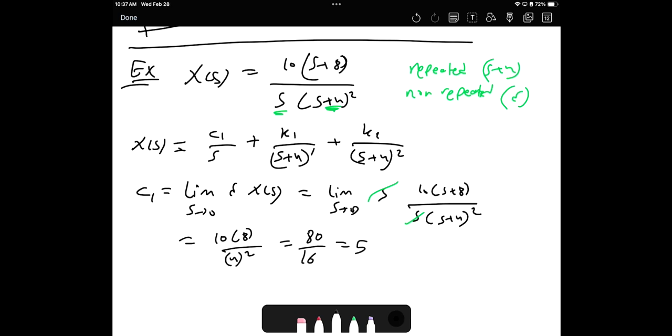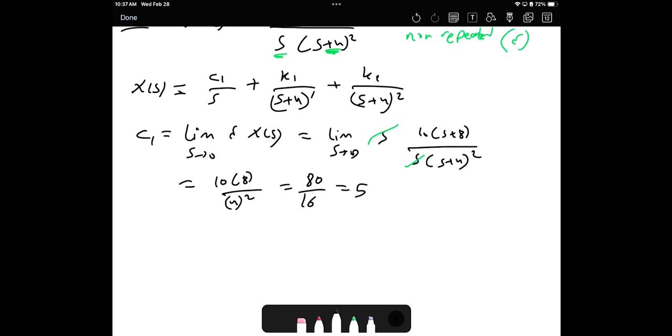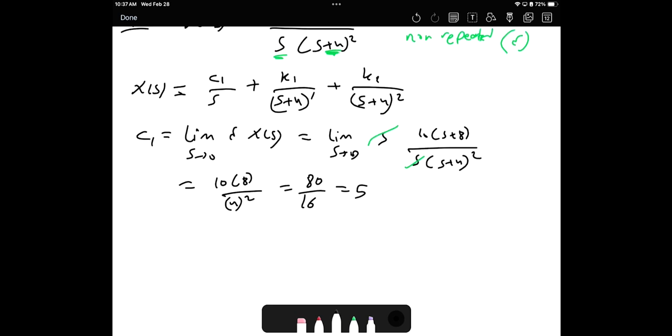Now c1, we found it, as we know before, using the non-repeated roots formula. How to find the others for the repeated roots? Again, we will use the same formula that we used before. Here, we have m equal to 2.